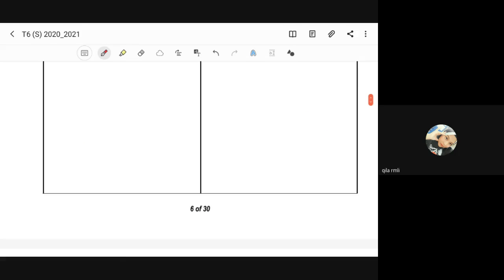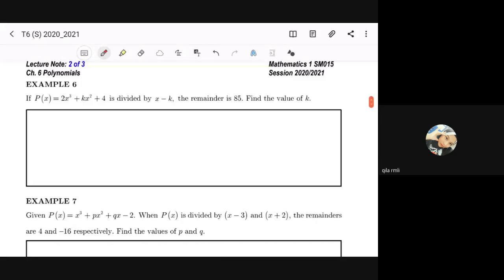Okay, so we go to example number 6. If Px is divided by x minus k, remainder is 85. Find k. Okay, so remainder of x is 85 when we divide by x minus k, so we set x minus k equals 0.